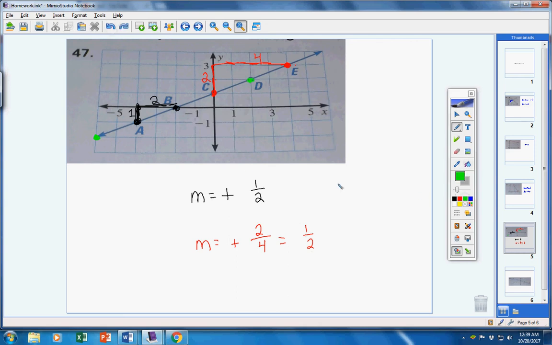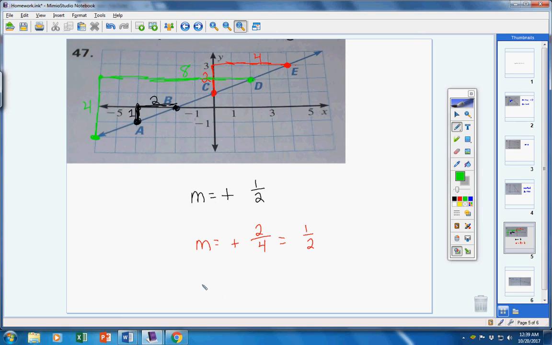Okay, let's try the green points now. Starting over here, I'm going to rise, and then I'm going to run. So my rise numbers start here. Count as you move. 1, 2, 3, 4. My run will be 1, 2, 3, 4, 5, 6, 7, 8.